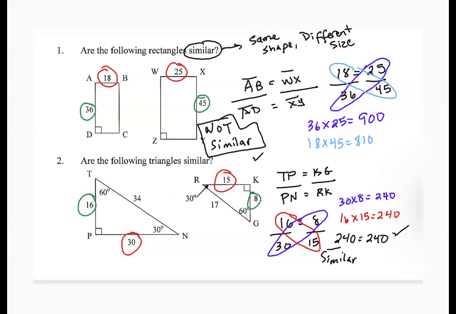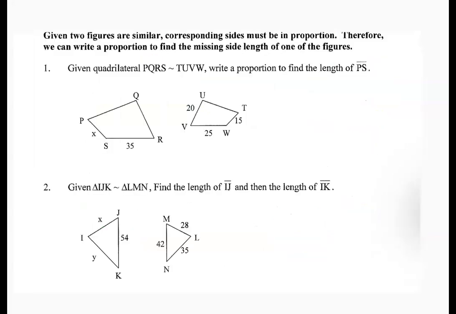All right, now we have to find the missing sides. The cool thing about this is we already know what to do. If we start by circling what they have in common, X goes with 15 because they're on the same side, and then 35 goes to 25 like that.